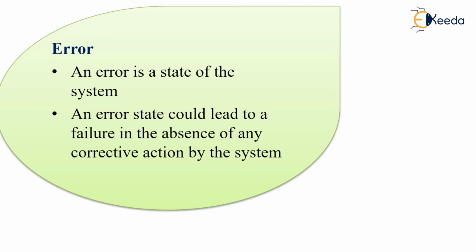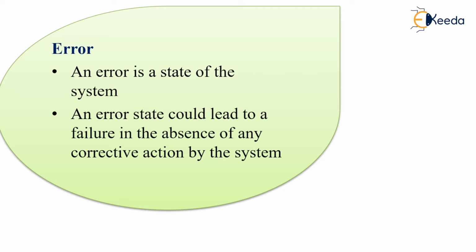Now the next terminology is the error. What is an error? An error is a state of the system which could lead to a failure in the absence of a correct measure.